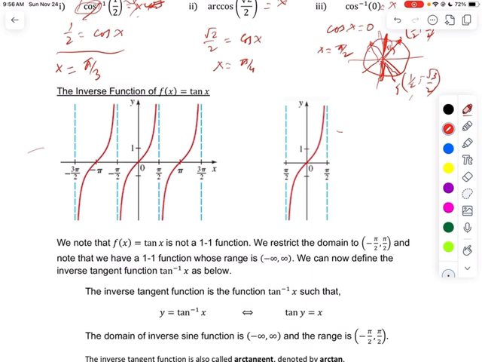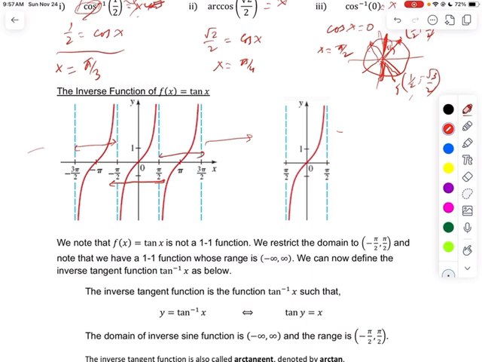You notice that cosine of pi over 4 is square root of 2 over 2. And in the same way, cosine of 7 pi over 4, in the fourth quadrant, is also square root of 2 over 2. But we are looking in the interval 0 to pi, so the value of x here will be pi over 4.